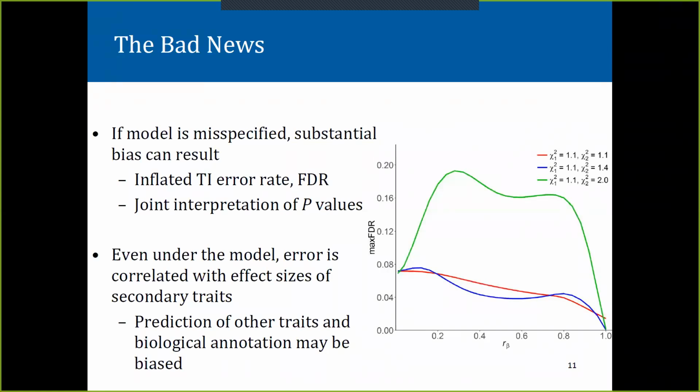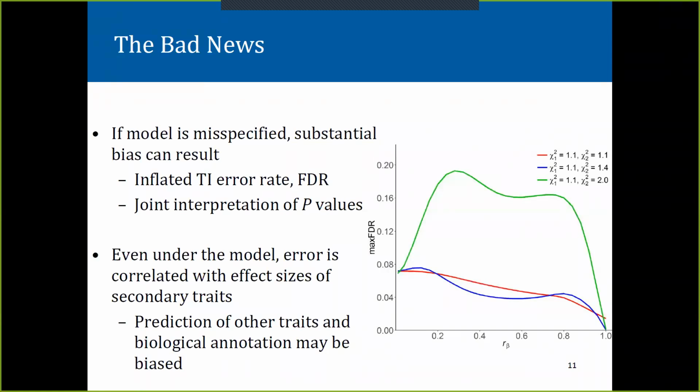For each SNP, there's some probability that it's null for both traits. There's some probability that it's associated with both traits. And there's some probability that it's null for one and non-null for the other.